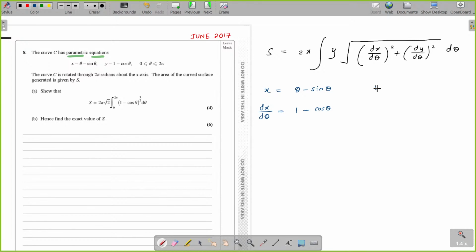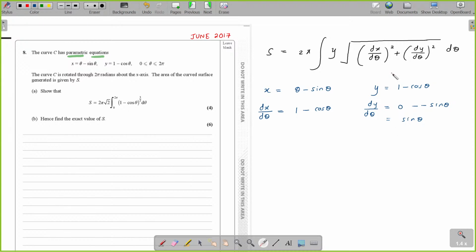Y equals 1 minus cos theta. 1 differentiation is 0, cos differentiation is minus sine, and there's already a minus outside, so that gives you directly sine theta. These are small things you need to remember.